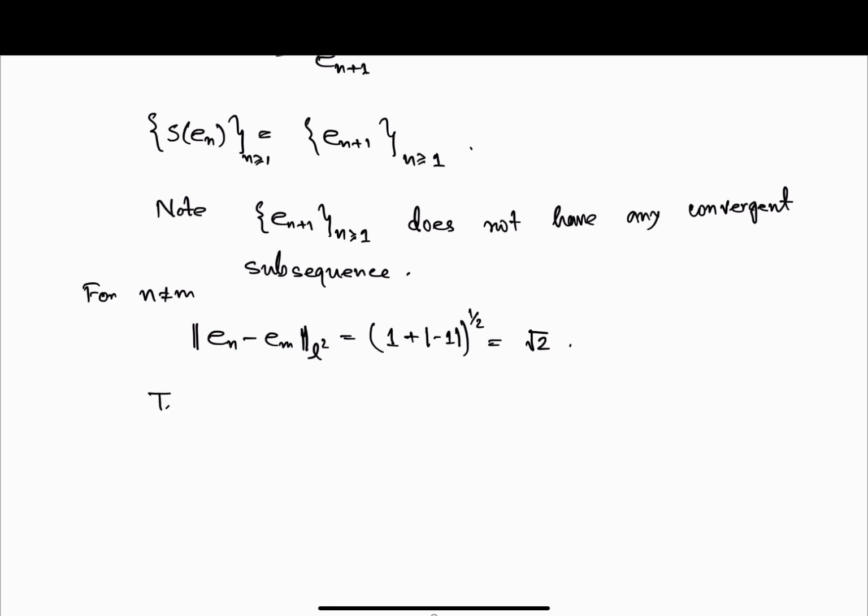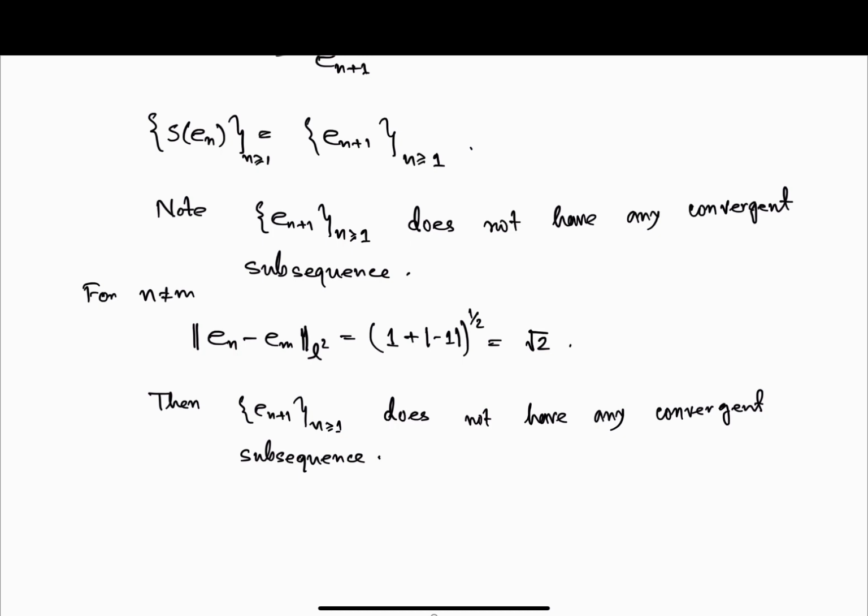Therefore E(n+1) for n greater than or equal to 1 does not have any convergent subsequence, because if it had a convergent subsequence, that subsequence must be Cauchy. So for two different indices, that difference must go to 0.